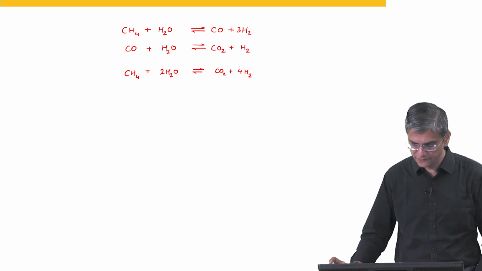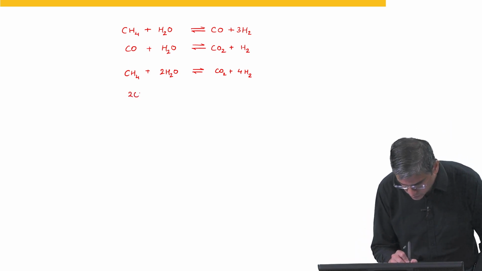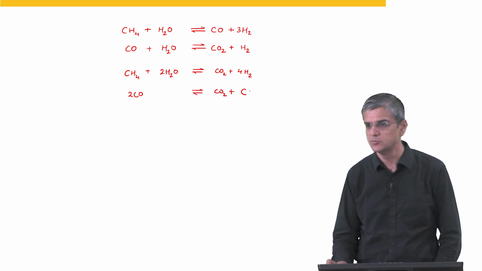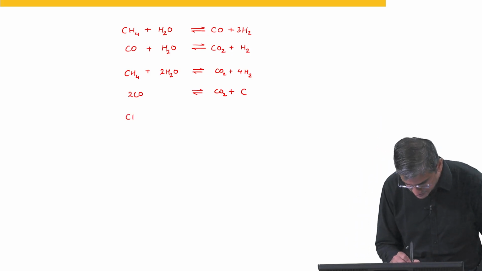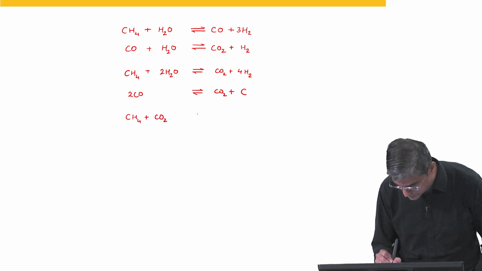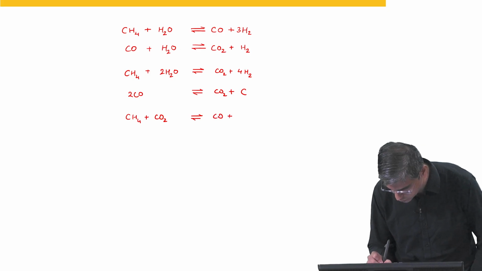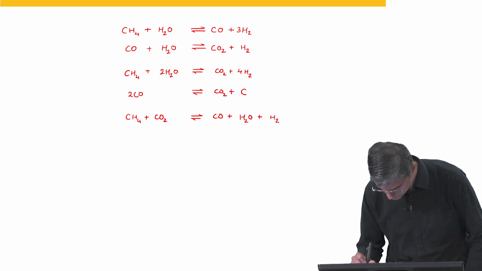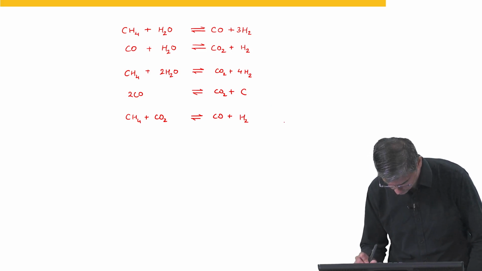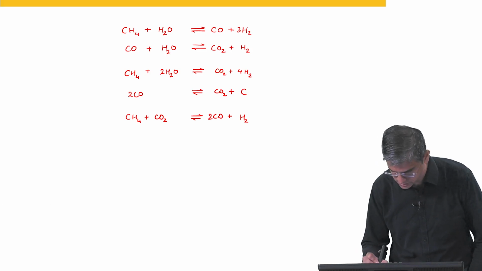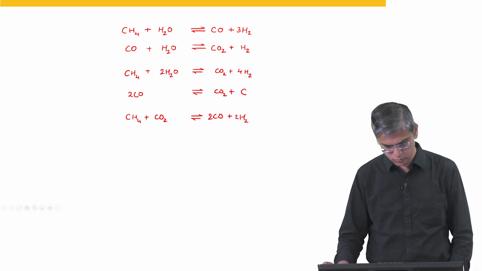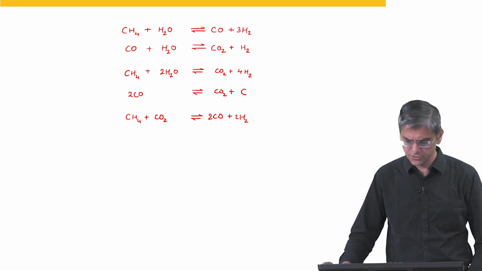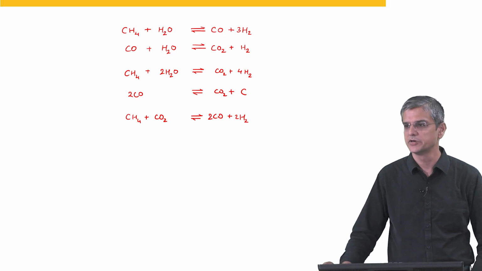You might have other reactions of the form 2CO giving CO2 plus carbon. This is called a Boudouard reaction. You might have additional reactions, CH4 plus CO2 giving 2CO plus 2H2, I think, right, 2C, 2O, 4H, yeah. Okay, this is dry reforming, and you may have many more reactions.